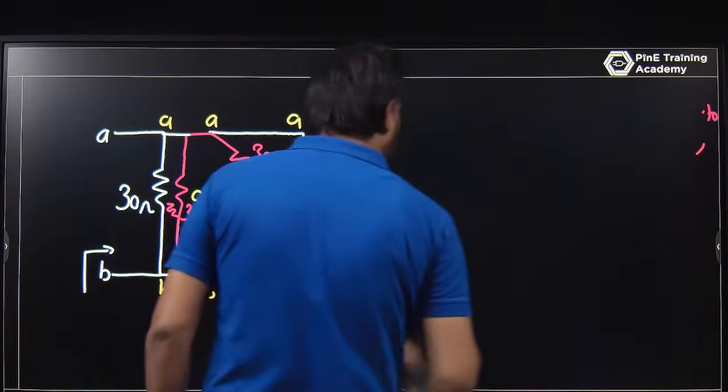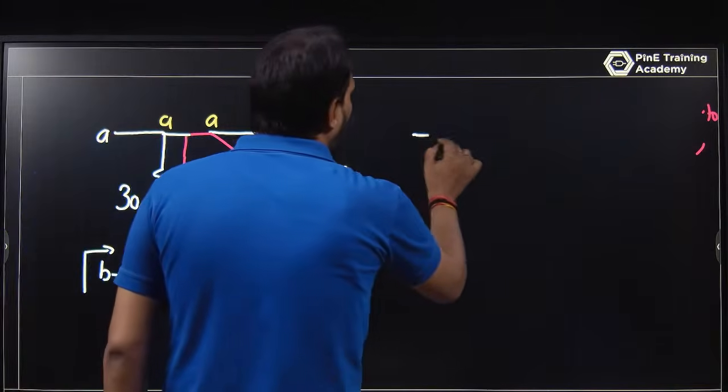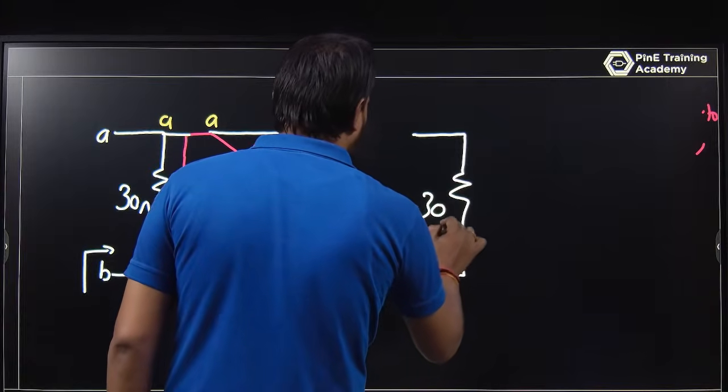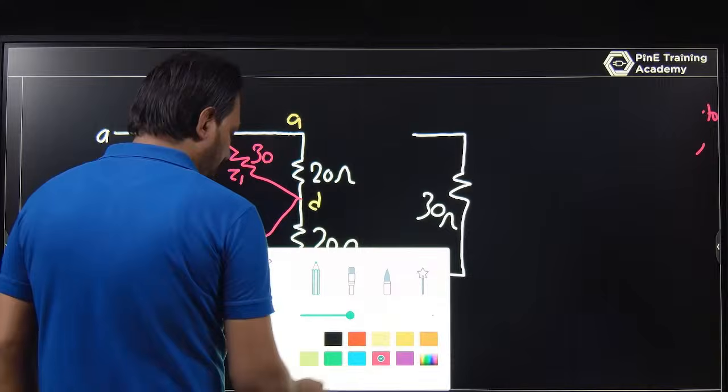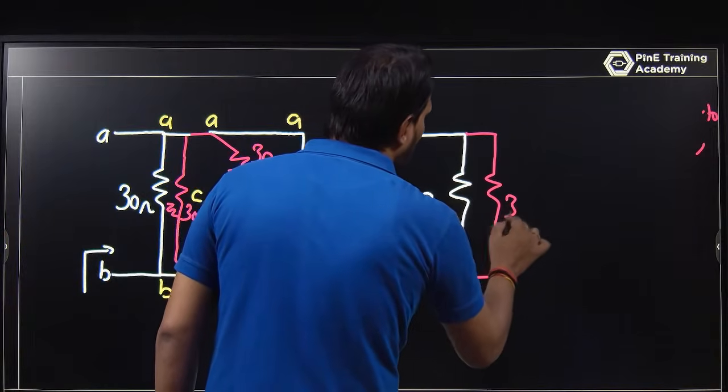So you just convert into that form, that is, you have a 30 ohm, and by the star to delta it will be a 30 ohm.